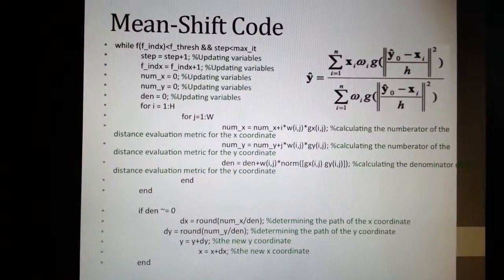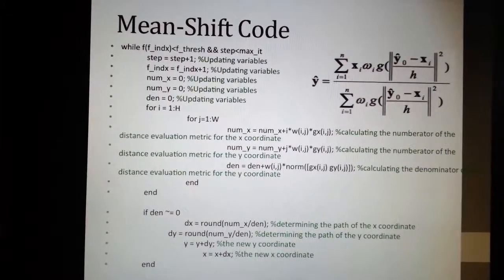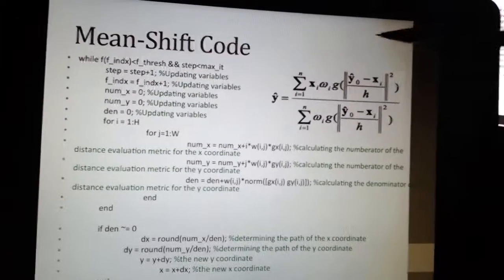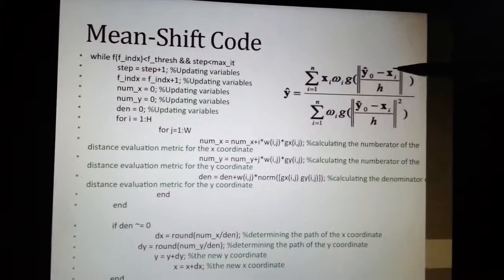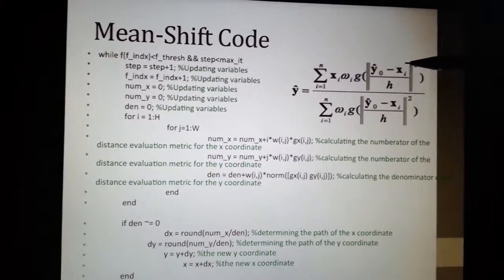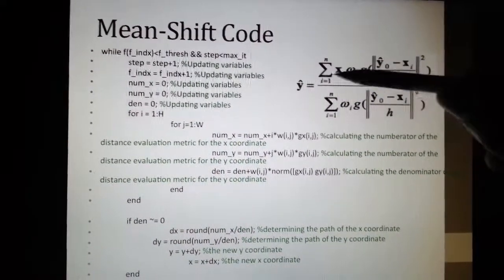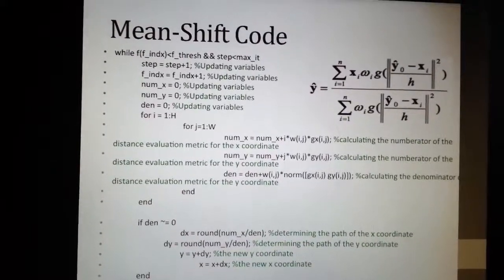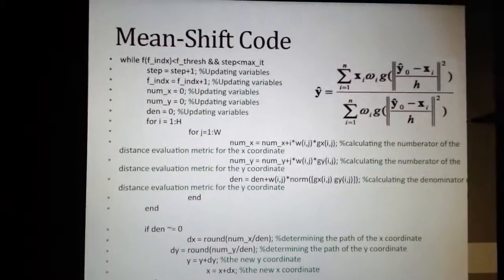Here, the code calculates the numerator of this equation for the x and for the y position. So this will be x sub i, trying to calculate this portion just for x, so replace these with x. And then also trying to calculate this portion with the y coordinates.